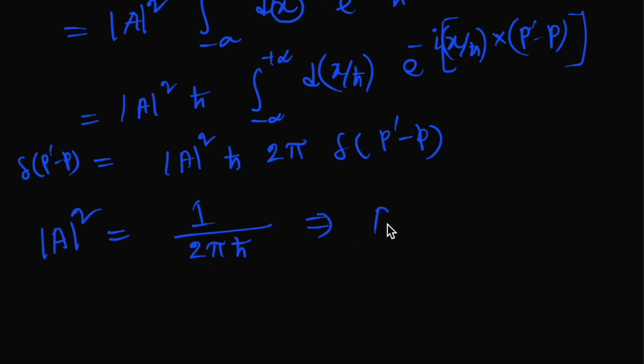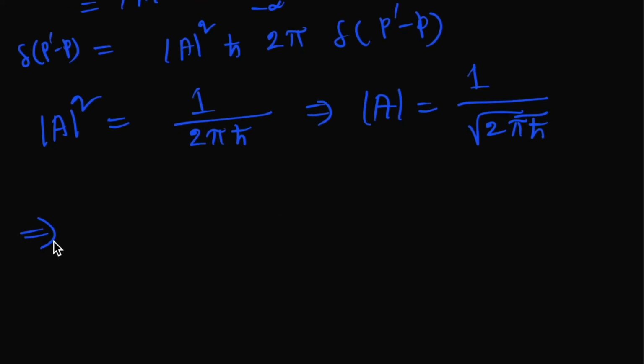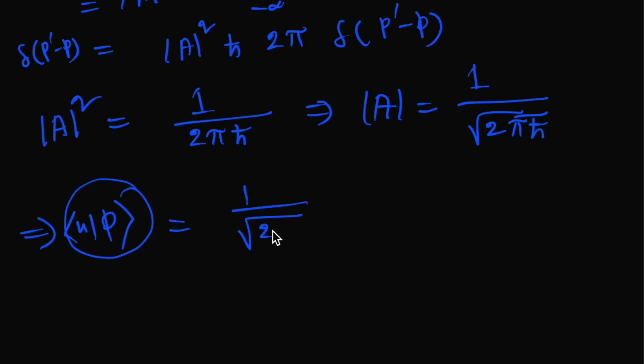That means |A| is 1 by root 2πħ, which means the form of the wave function of the momentum eigenket is 1 by root 2πħ e to the power i p x by ħ.